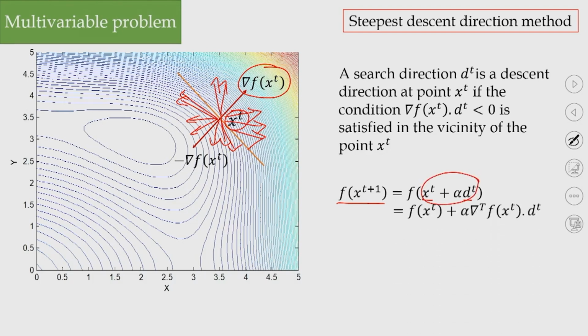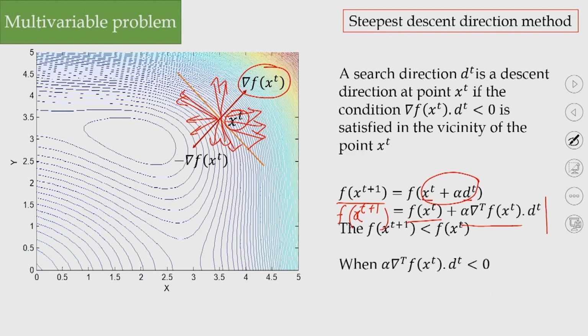Now if I apply the Taylor series and take it up to the first derivative, I can approximate f of x t plus 1 as f at x t plus alpha del f at x t dot dt.